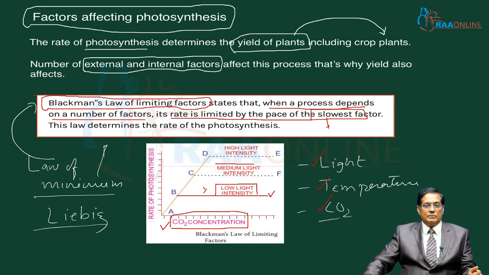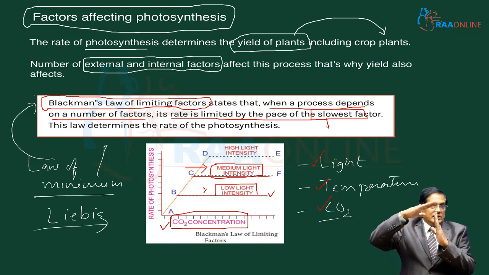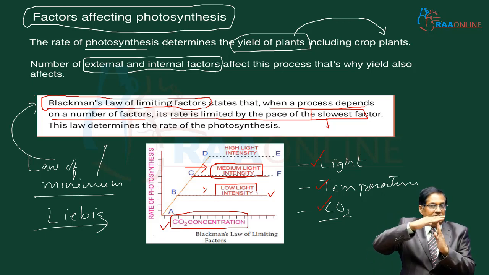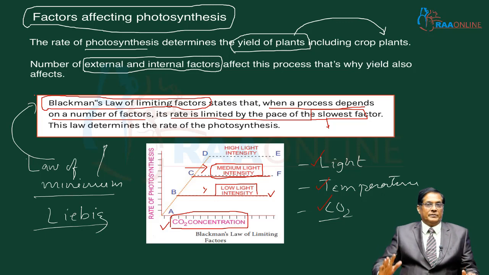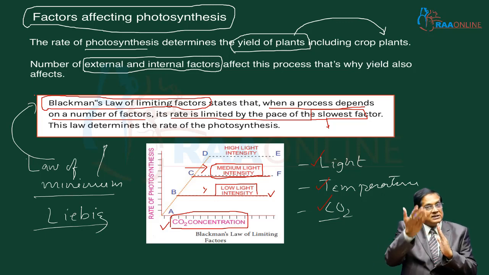Suppose there is a medium intensity of light, then more carbon dioxide is needed. But at this condition, whatever amount of carbon dioxide is required by the plant, if it is given, the rate will not increase after that. That is, now it is not limiting. The factor enhances the rate till it is minimum.